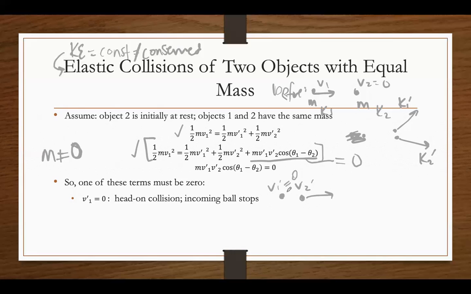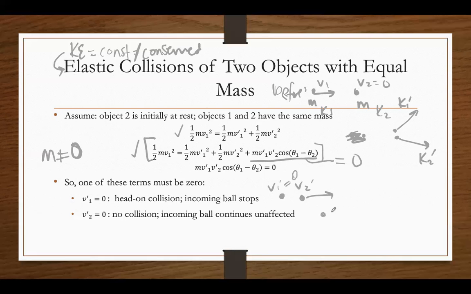The other case would be that v2 prime is 0. If this point mass is coming into the second point mass, and even after the said collision happens, the velocity of that second mass remains 0, that means that there was no collision in the first place.